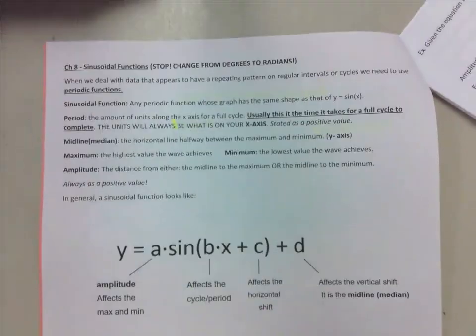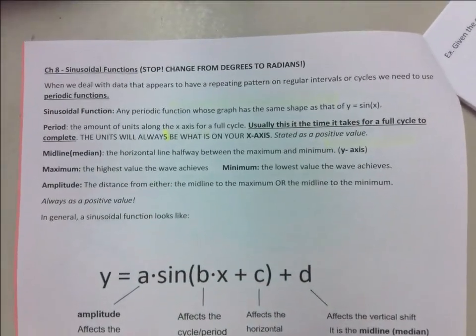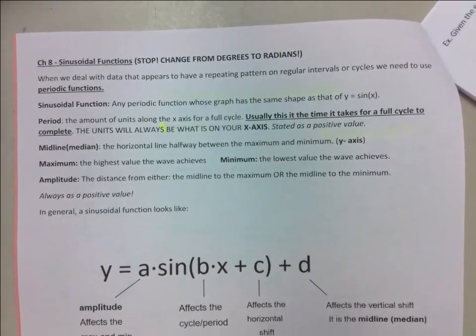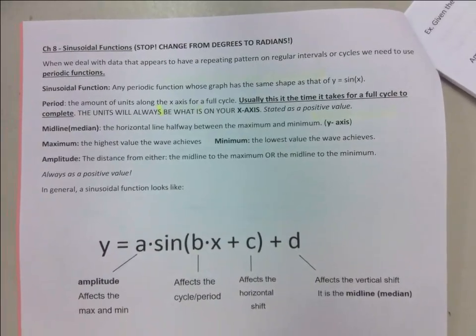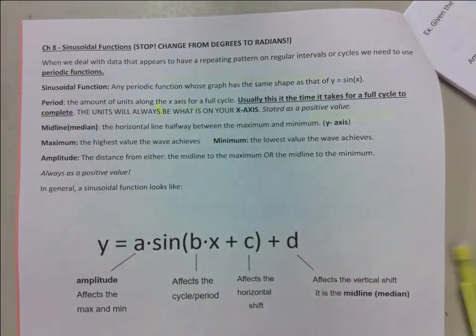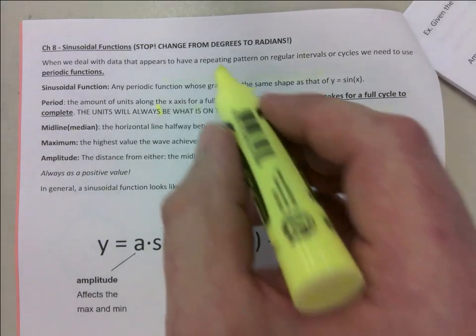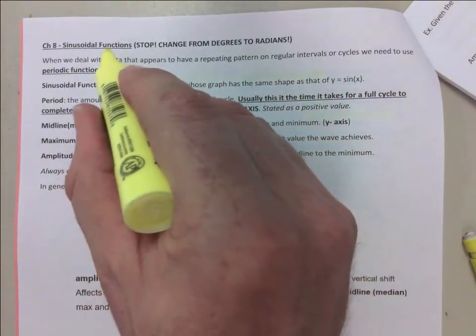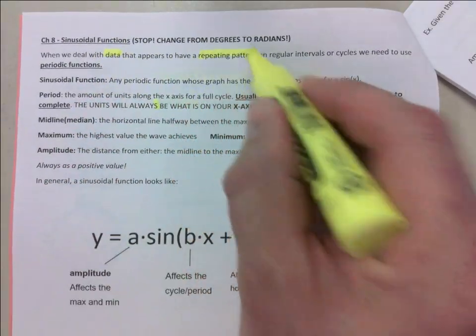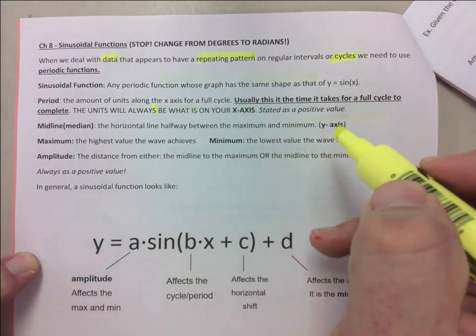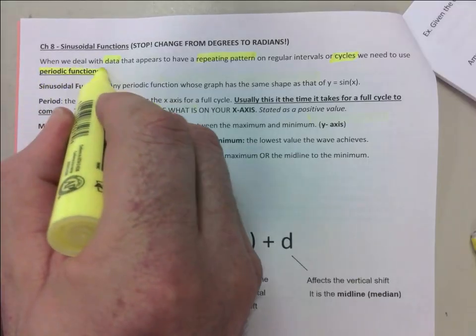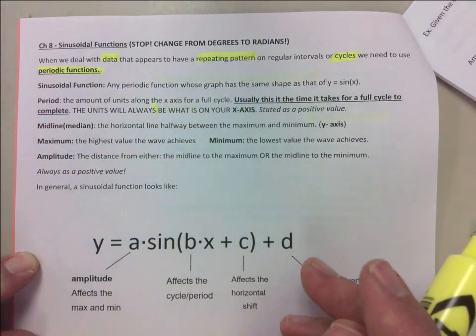This is something that your study sheet should have, no questions asked, like that big formula, the big equation. When we deal with data that appears to have a repeating pattern, and you notice that there's a cycle, we call them periodic functions.